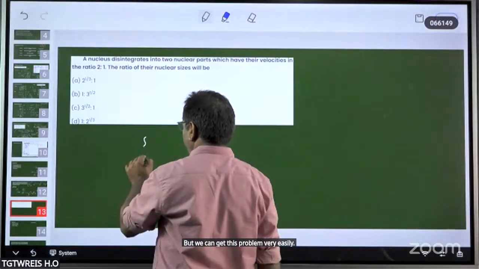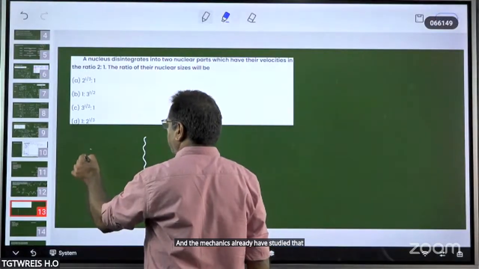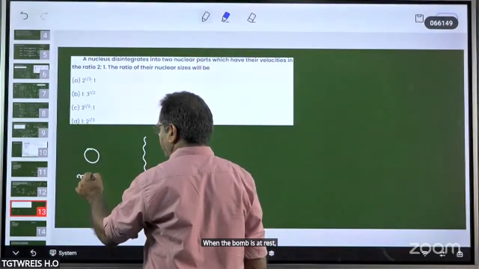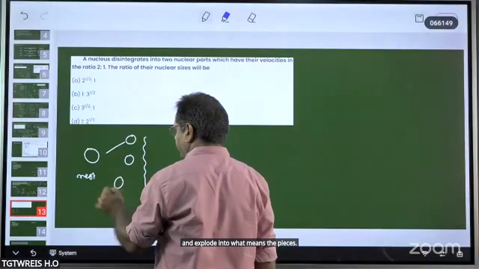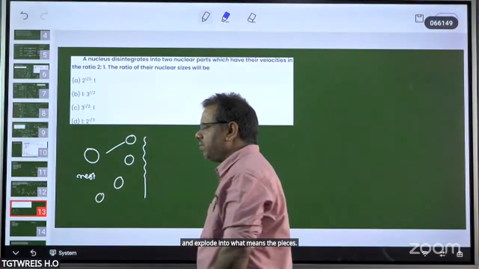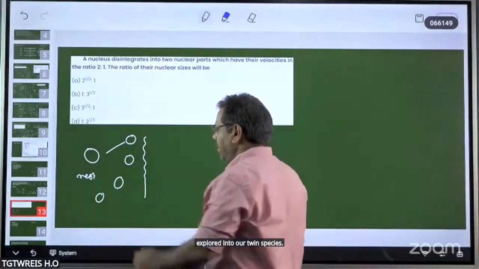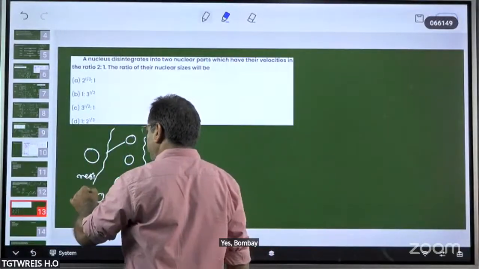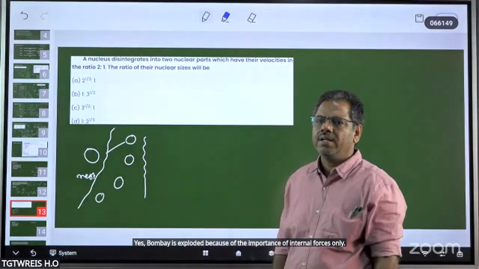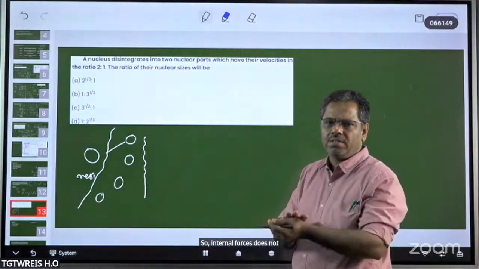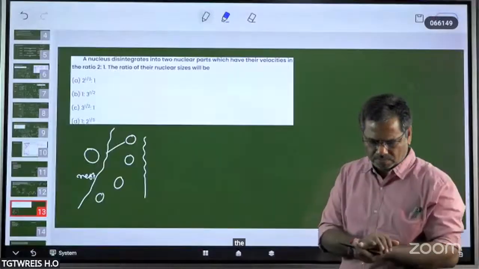In mechanics you have already studied that when a bomb is at rest and explodes into pieces, the bomb explodes because of internal forces only. So internal forces do not alter the linear momentum.